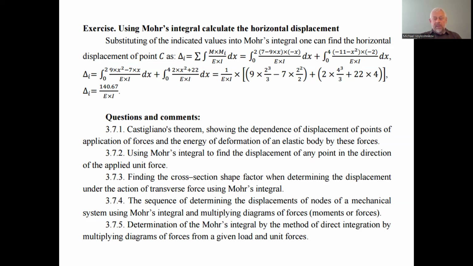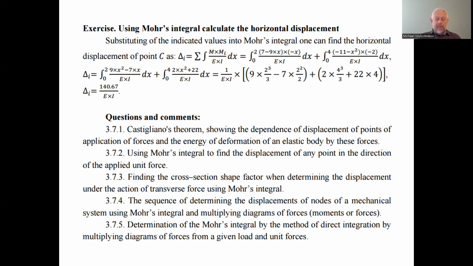So the sequence in this one definite approach consists of the following steps. First, we have to do the diagram of the bending moments. If we consider the bending, maybe a diagram of the longitudinal forces, or shearing forces. In each case we define which summands of the Mohr equation we are using.